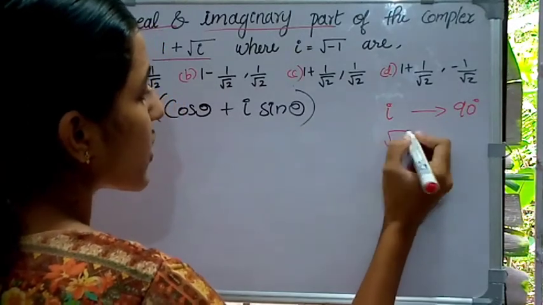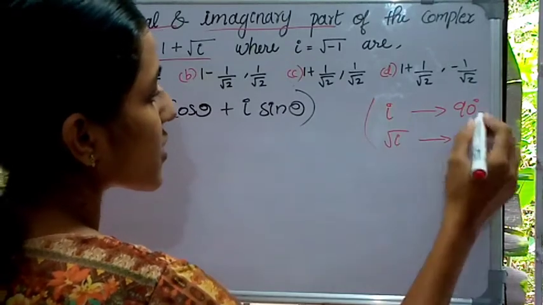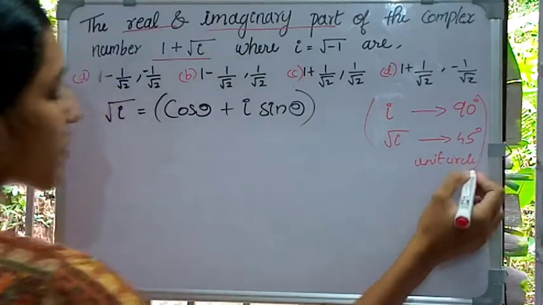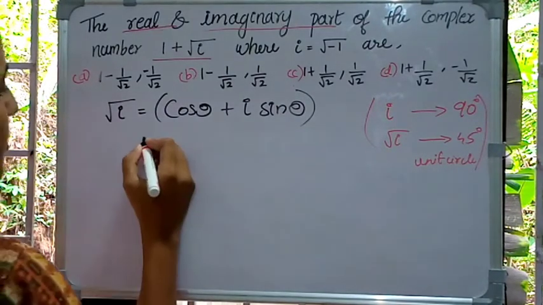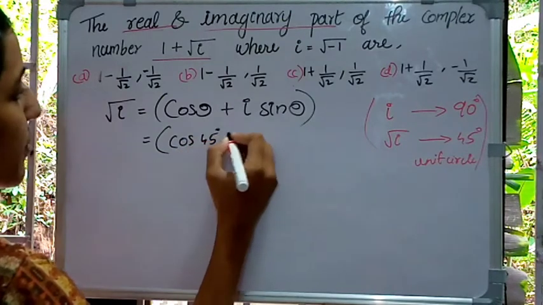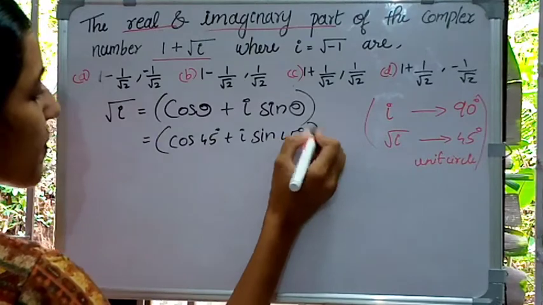So when it is root i, it will be 45 degrees in the case of a unit circle. Now let's substitute the value of theta with 45. Thus we get the answer as cos 45 degrees plus i into sin 45 degrees.